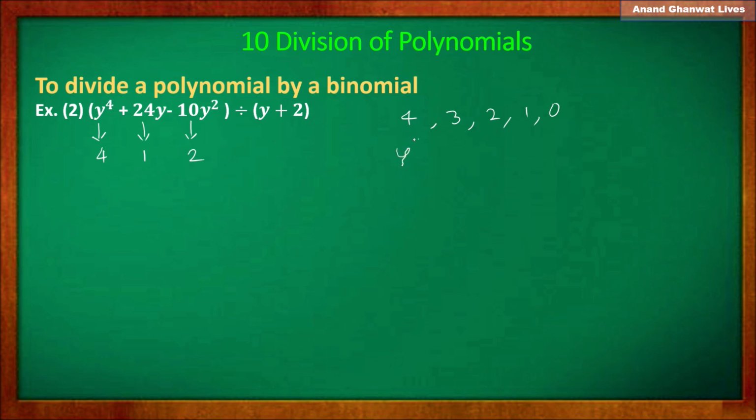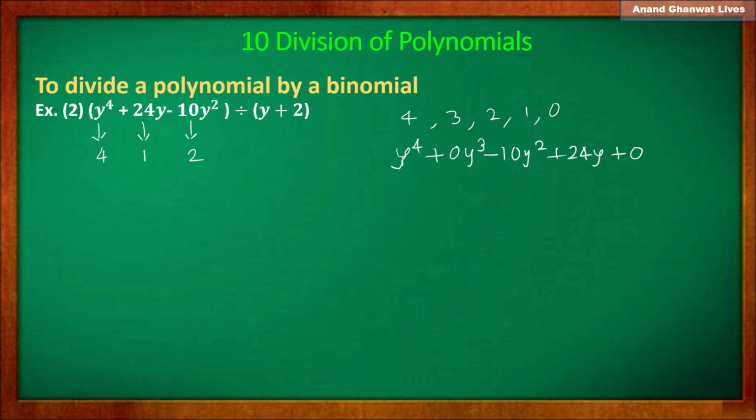So y raised to 4 is the first term. Then is there any other term like y raised to 3? No. So we take it as 0y raised to 3, so that the value of the polynomial does not change. Plus minus 10y square is present there, plus 24y is also present there, and plus 0.